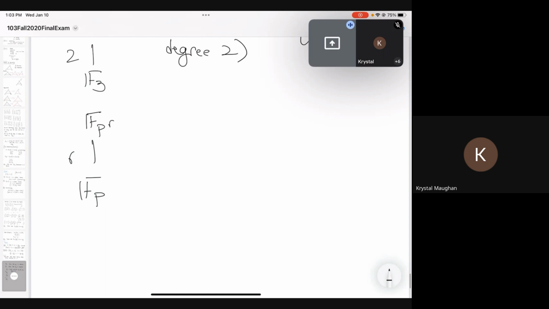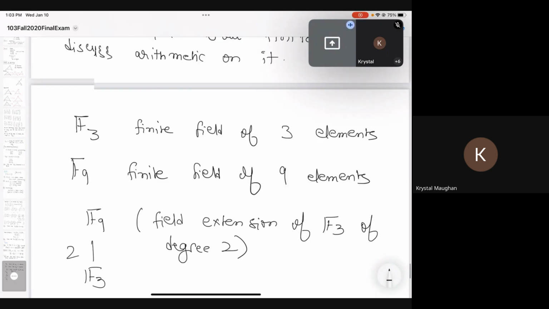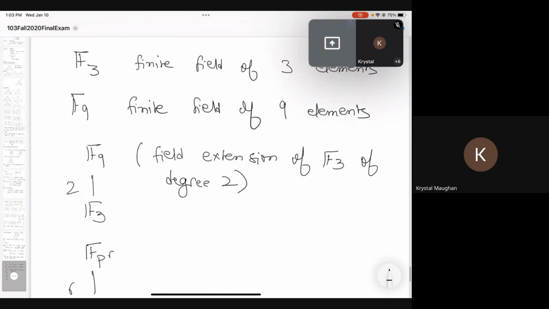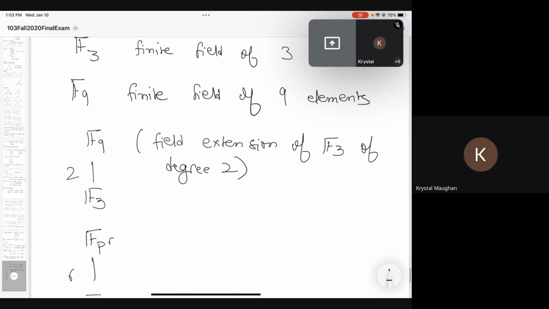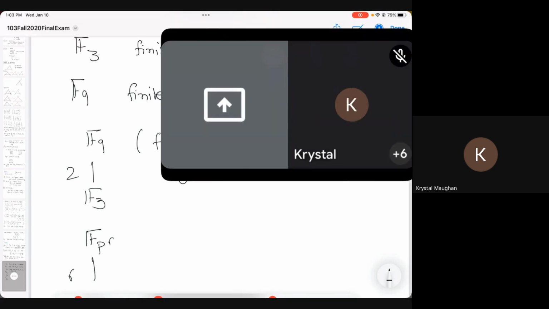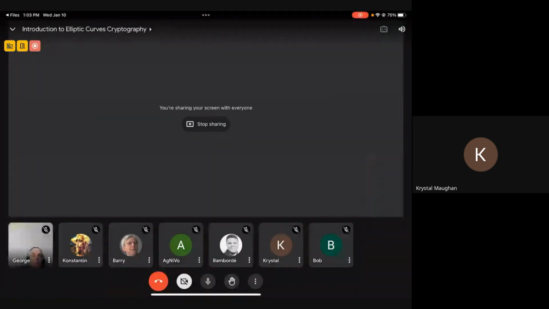Okay. I just wanted to set some examples and some terminology here so that when we talk about fields next time, it's familiar to everyone.